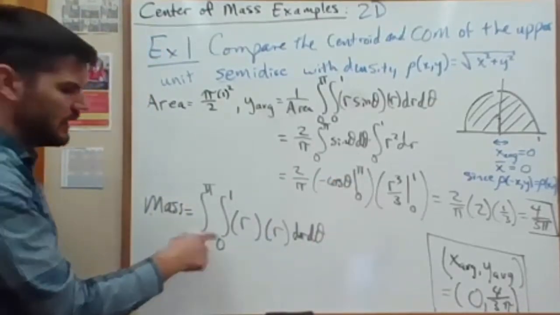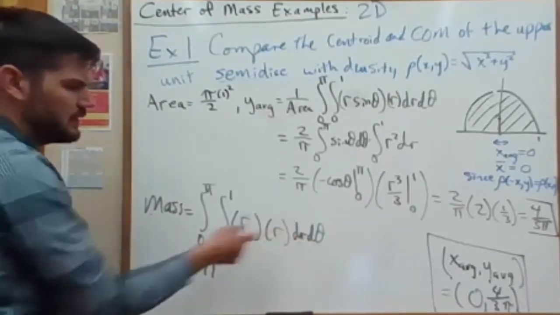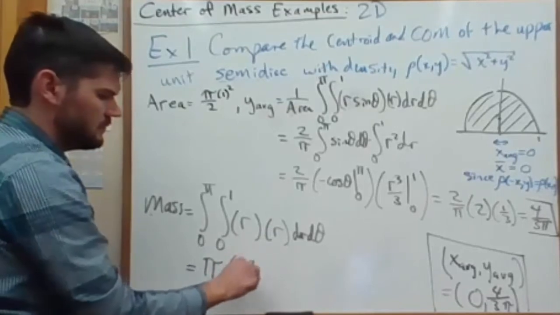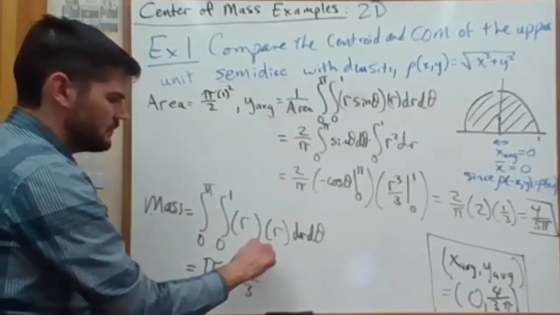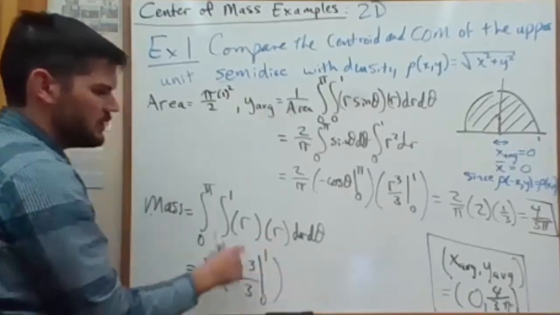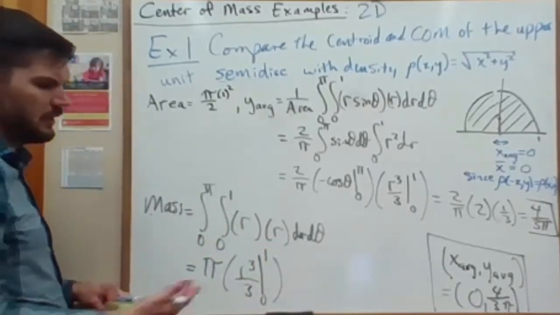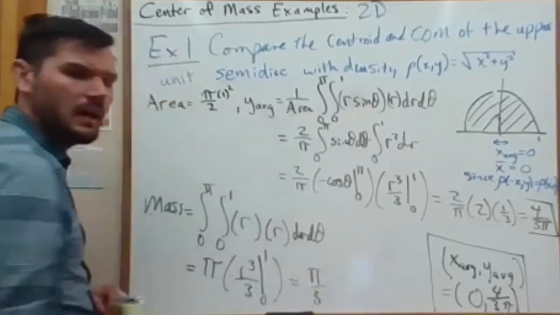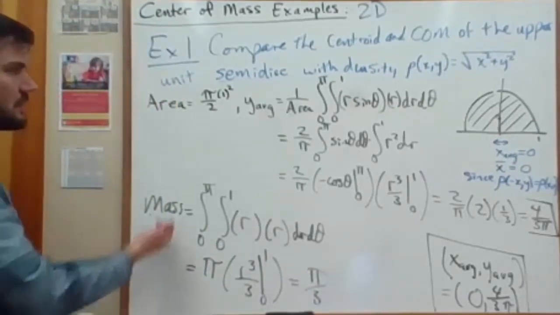Here I can factor out a pi based upon the integral term of theta. Integrate r squared, giving me r cubed over 3, and that gives me pi over 3 as my mass.